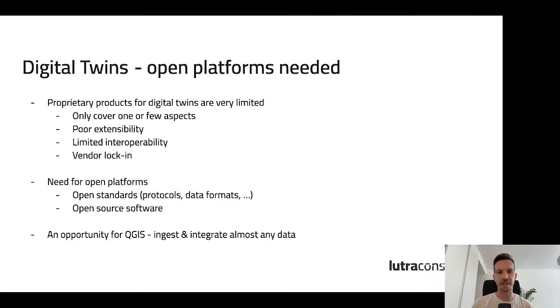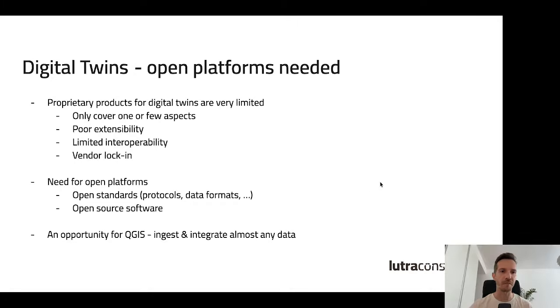One is that they often only cover one of the many aspects that the digital twin should be covering, let's say just transport or just some meteorological data and so on.